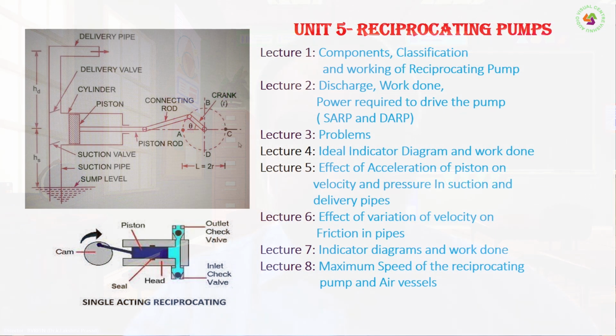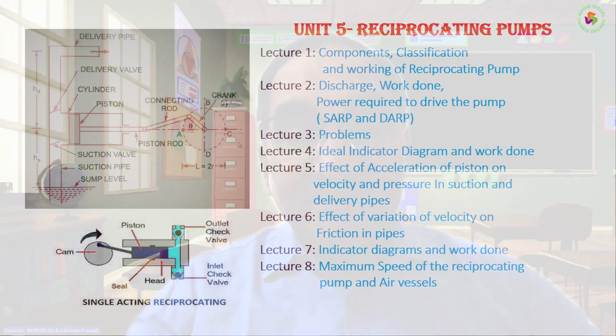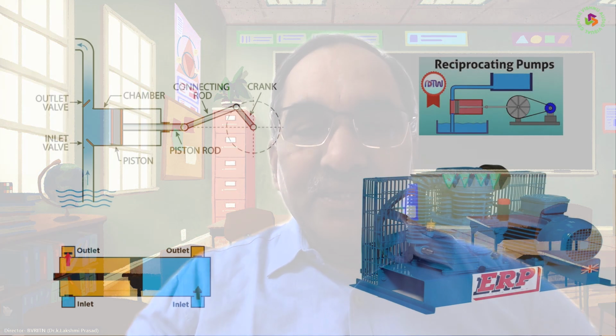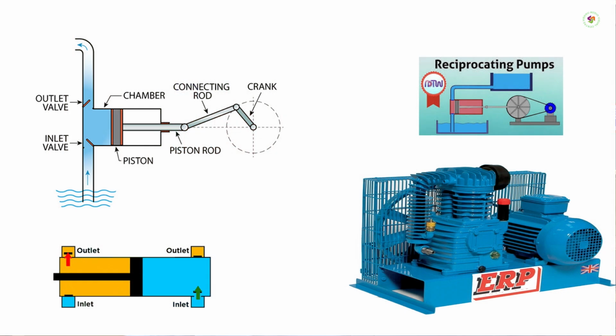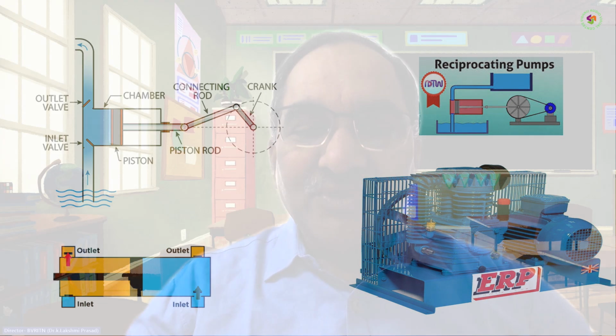In the previous class, we discussed the first part of reciprocating pump, wherein we successfully completed what a reciprocating pump is, the classification of pumps, the classification of reciprocating pumps, the components or parts of a reciprocating pump, then the working of a reciprocating pump, followed by derivation of the equation for the discharge, the work done, power, then coefficient of discharge, slip, percentage of slip, what is a negative slip, and when negative slip occurs.